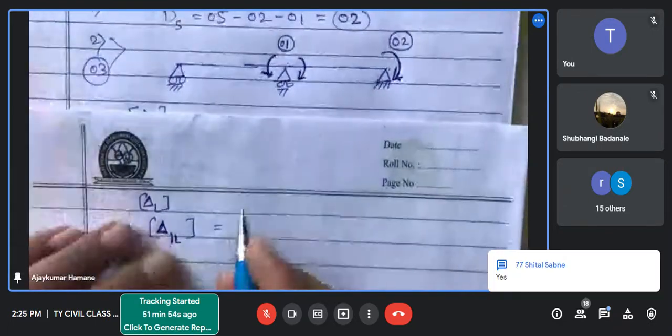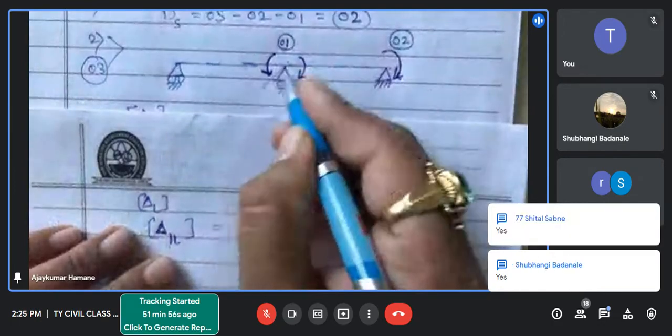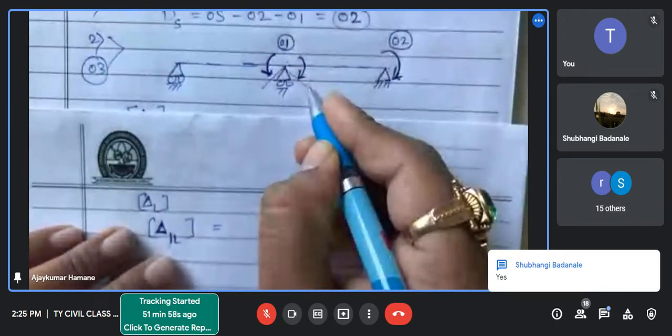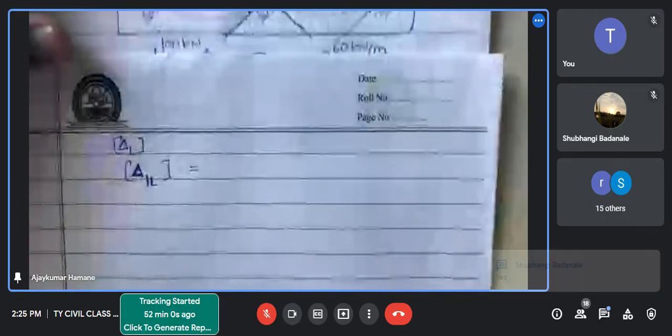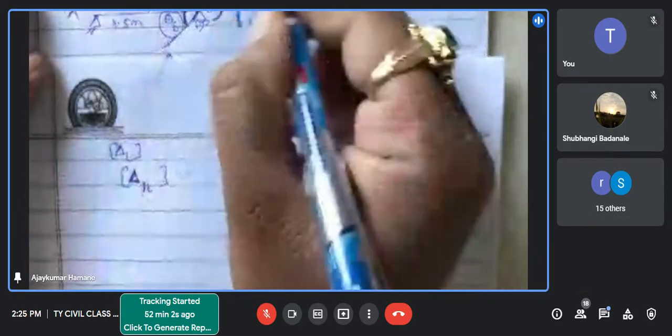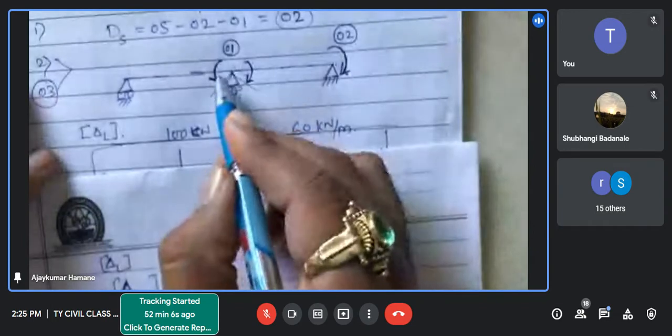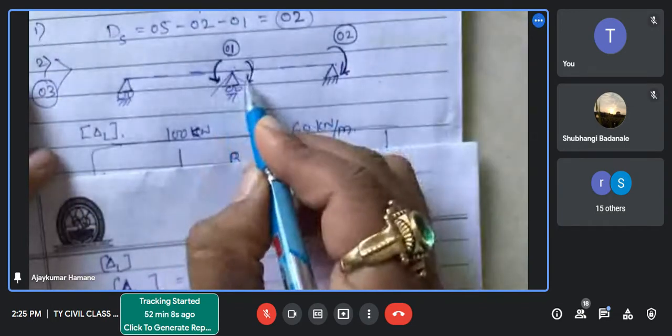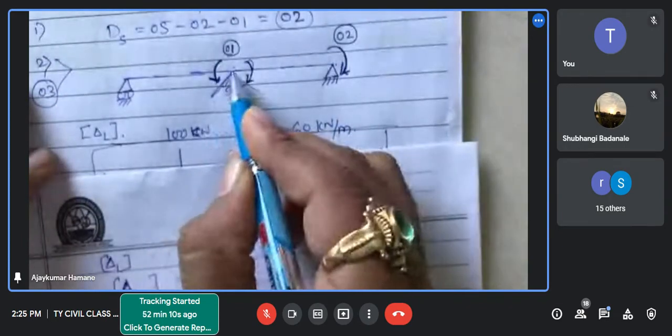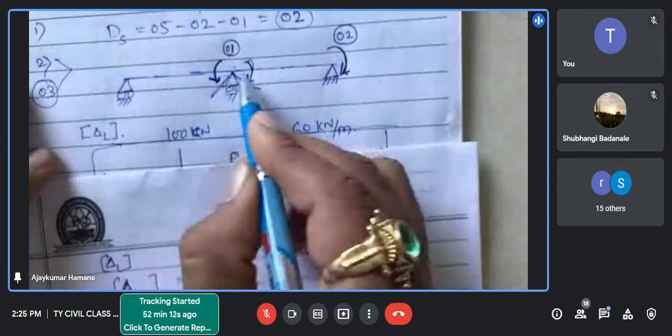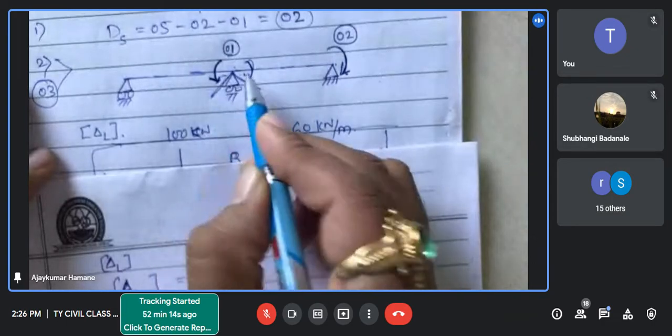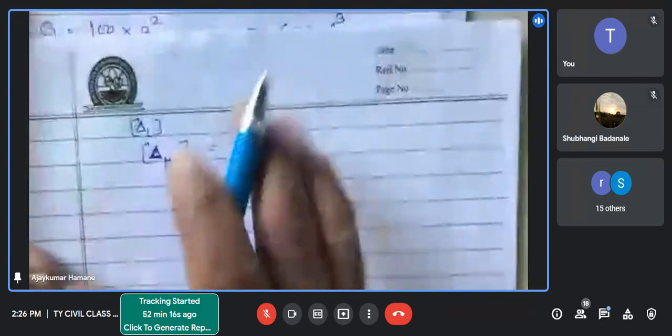So at 1 we have two slopes, this here and this here, due to the external loading. Both are in the downward direction, and the considered coordinate also gives rotation in the downward direction. So both should be positive.